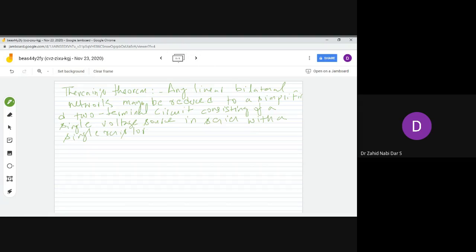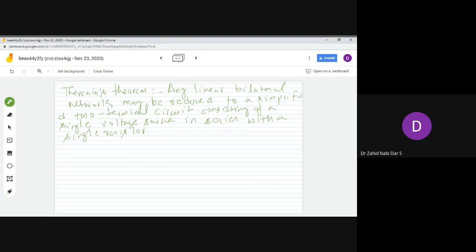So basically what it means is that you have a network that consists of many sources, variable sources. But in Thevenin's theorem, if you want to Thévenize any circuit, that is called applying the Thevenin's theorem.